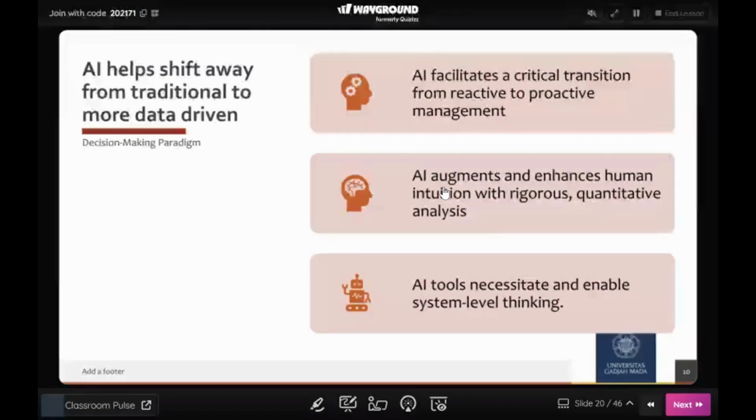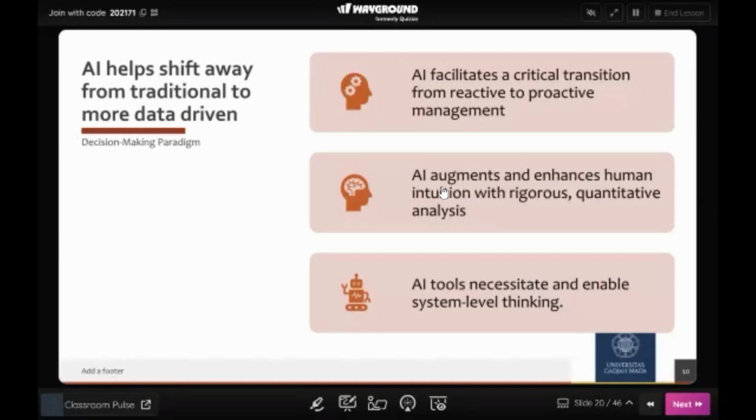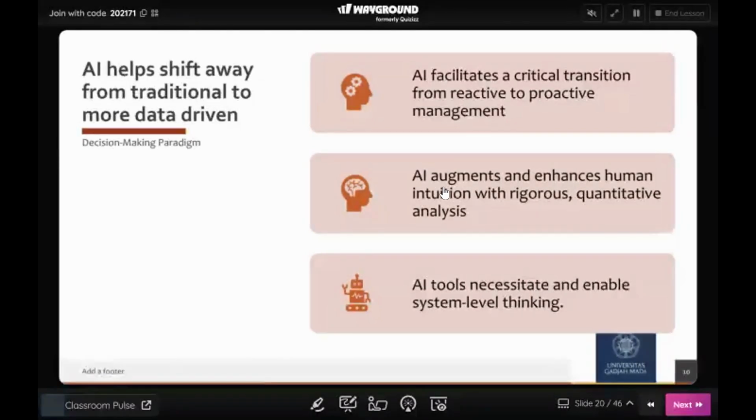You can take the production data of your rice and upload it into ChatGPT or other tools, and they will do some quantitative analysis. You don't need to master statistics, but you still need to learn the fundamentals in order to understand the quantitative analysis. Some AI tools also enable system-level thinking.